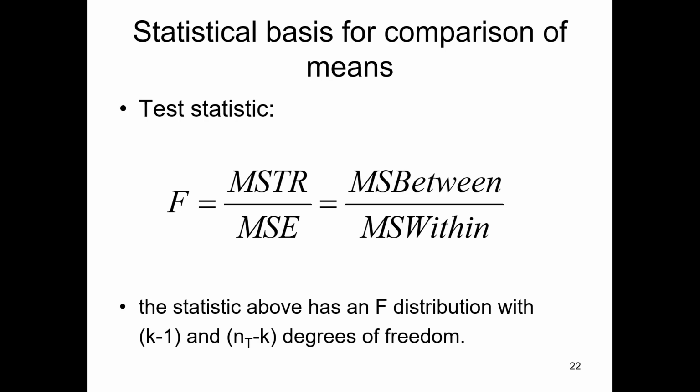That is the number of factors minus 1, right? Very similar in kind of thinking is what we had when we looked at regression, numerator degrees of freedom. And the denominator degrees of freedom is the total n, total sample size, minus the number of levels in your factor. Okay.